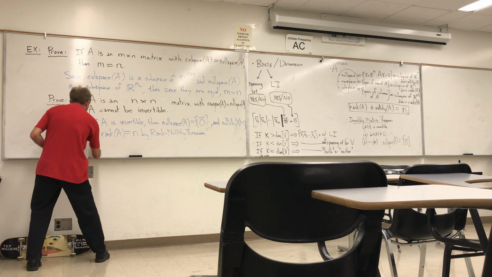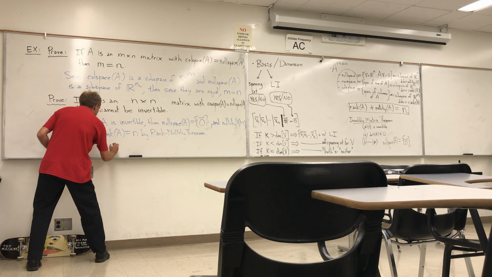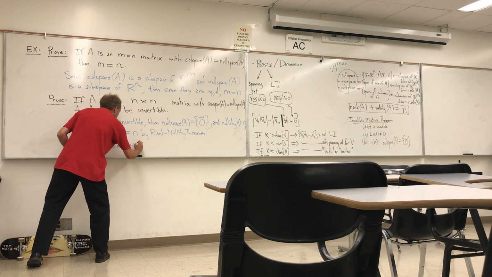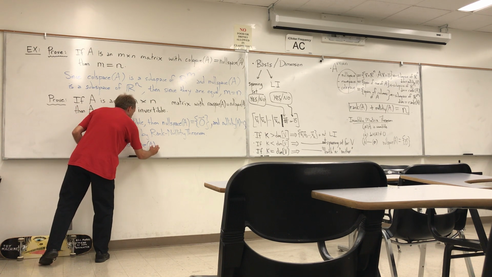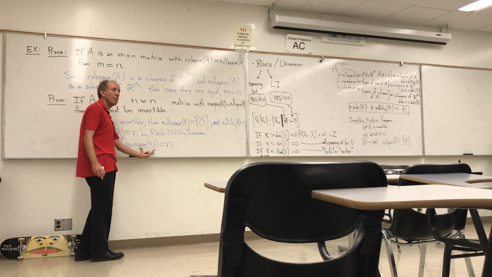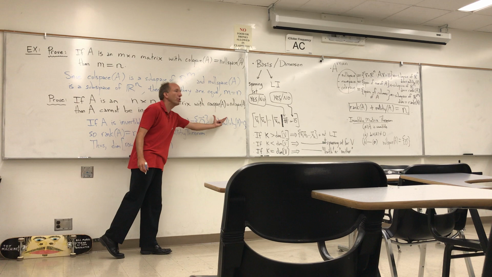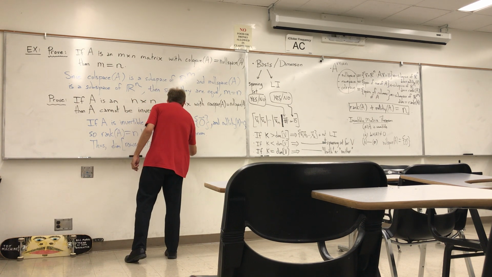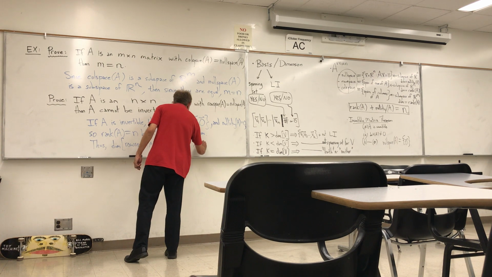So thus, the dimension of the row space of A would actually have to be n now. Well, how can something that's n-dimensional be equal to something that's 0-dimensional? It's impossible, right? So I'll just say which is impossible.